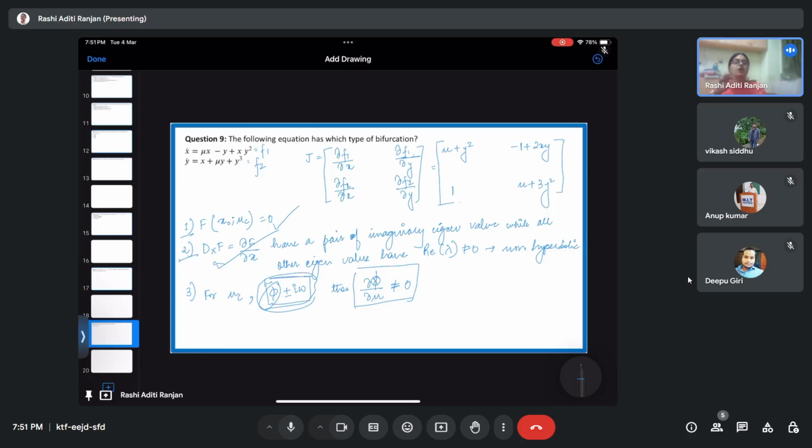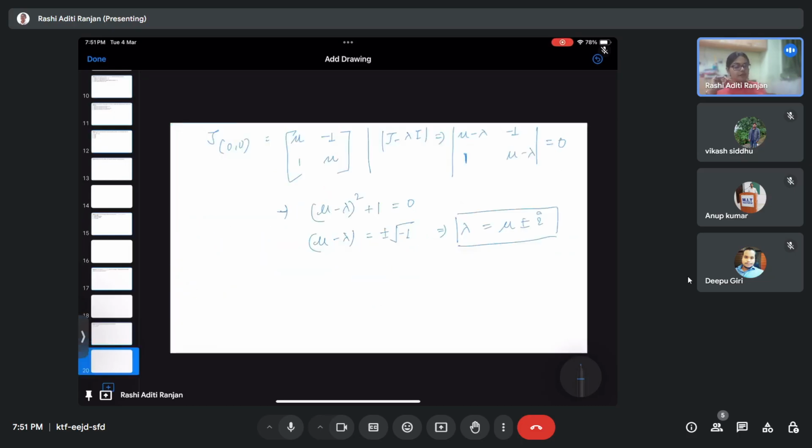Okay, it should not be equal to 0. So now if I come over here and look at the real part, the real part of lambda is mu, and if I do the partial differentiation, I'm going to get 1.